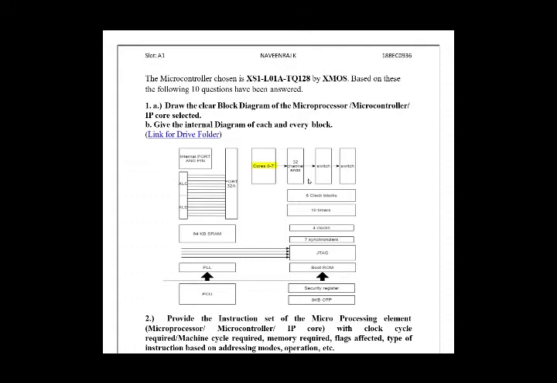So if up to 4 logical cores are active, each core is allotted 1 by 4th of the processing cycles. Suppose if more than 4 logical cores are active, then at least 1 by n of the processing cycles are allocated to each core. These cores, synchronizers, and locks are all responsible for the performance of the microcontroller.